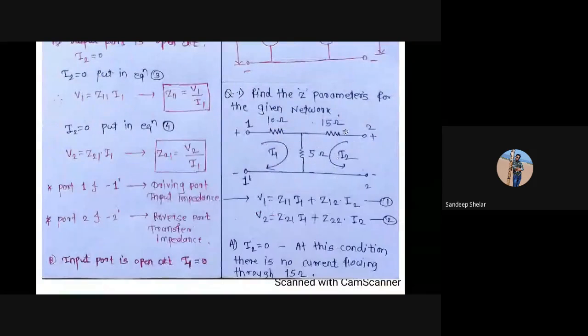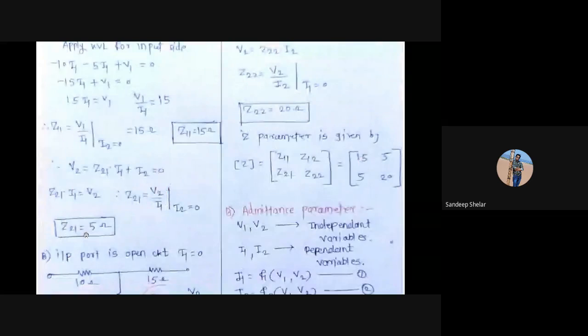The 15 ohm resistance has no effect because there is no current flowing through I2. Then only the 5 ohm is present at the output port, so the value of Z21 is 5 ohm.